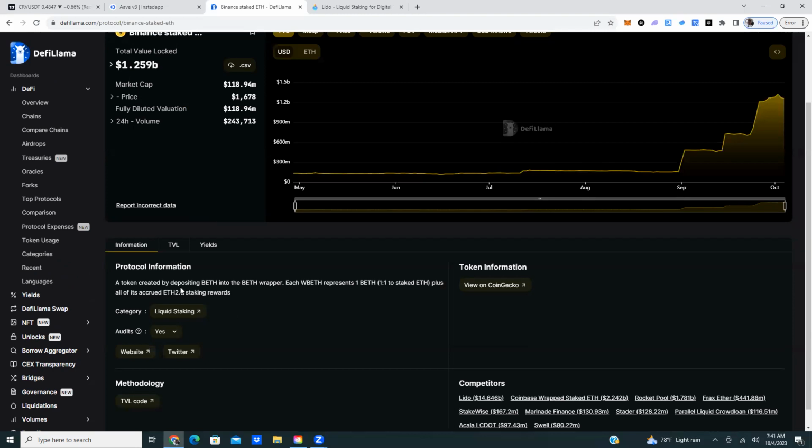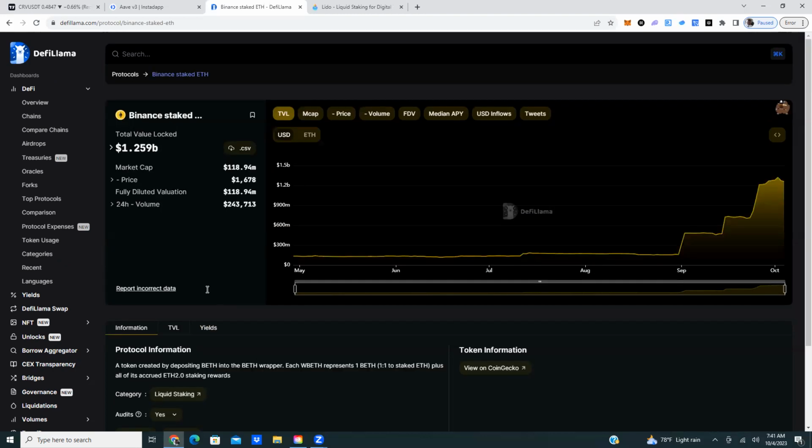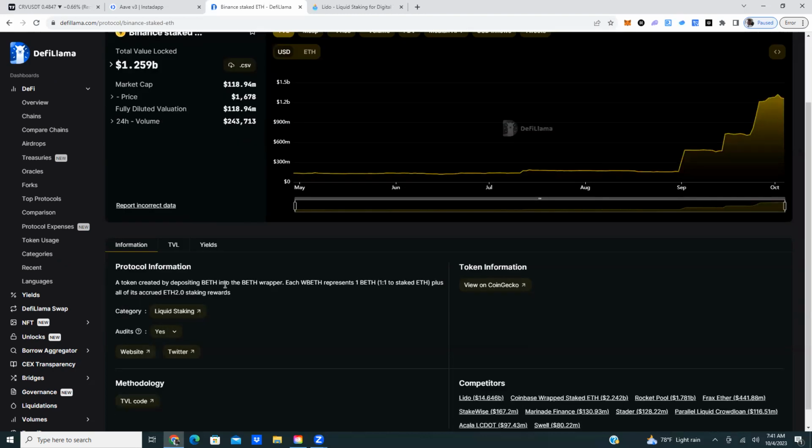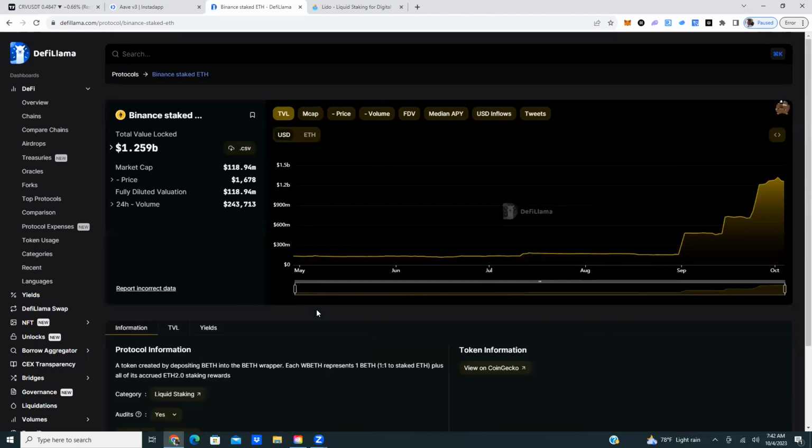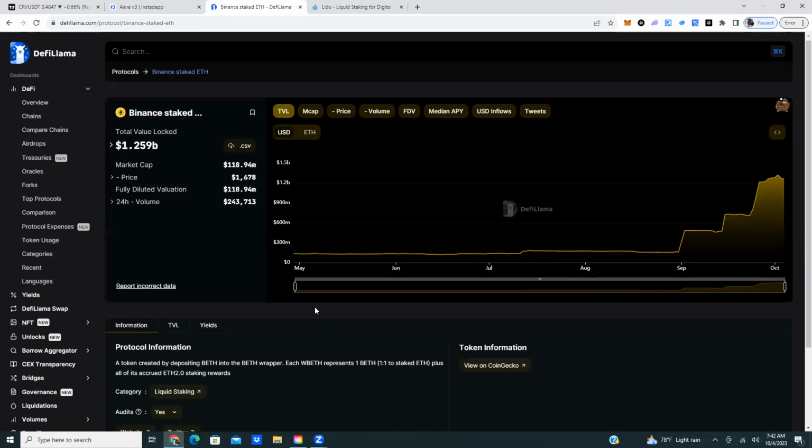A token created by depositing Binance Ethereum into the Binance Ethereum wrapper. Each wrapped Binance Ethereum represents one Binance Ethereum, equal 1-to-1 staked Ethereum plus all of its accrued ETH 2.0 staking rewards. Interesting. Let's take a look at this.